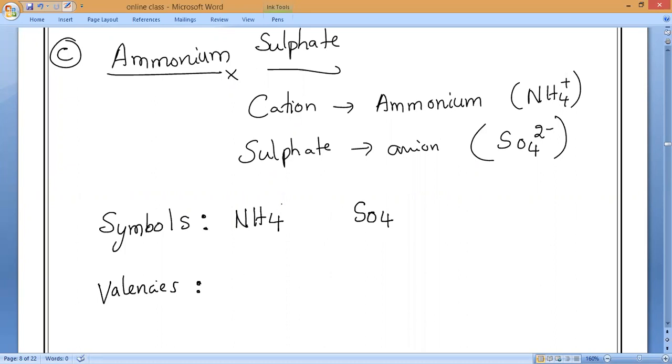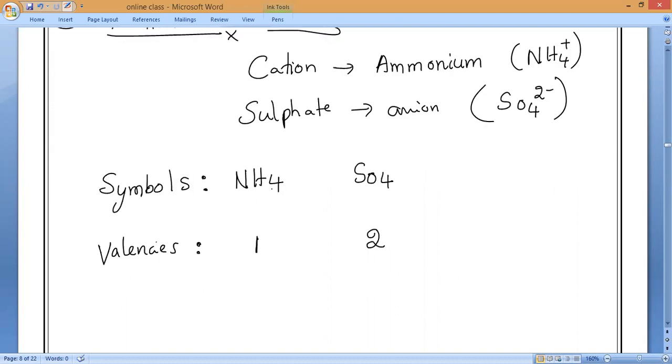Ammonium is plus 1. No, charge is not necessary to write. Charge is not needed. So I will write only valency. Valency is 1. Plus indicating 1. Sulfate, what is the valency, Arun? Sulfate valency. 2 minus. So 2.